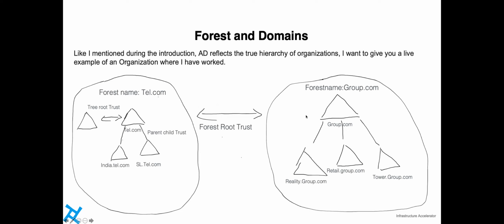Business B trusts business A, and business A trusts business B. But maybe business A bought business B. They want to go inside business B, but they don't want business B to come inside business A. So instead of creating a two-way trust, they will create a one-way trust where only business B trusts business A. Business A would not trust the business B users, and would not allow them inside their organization or to access their resources. So that is called a one-way trust.